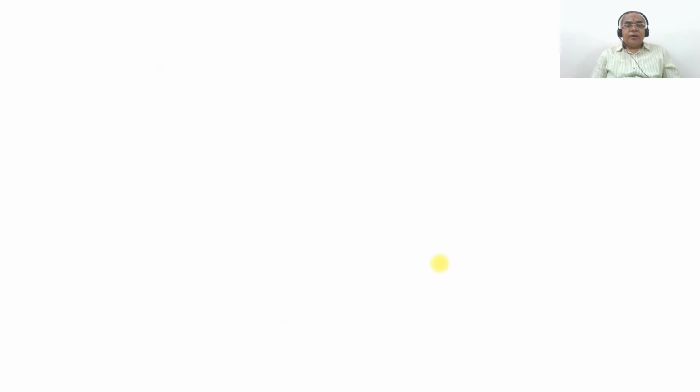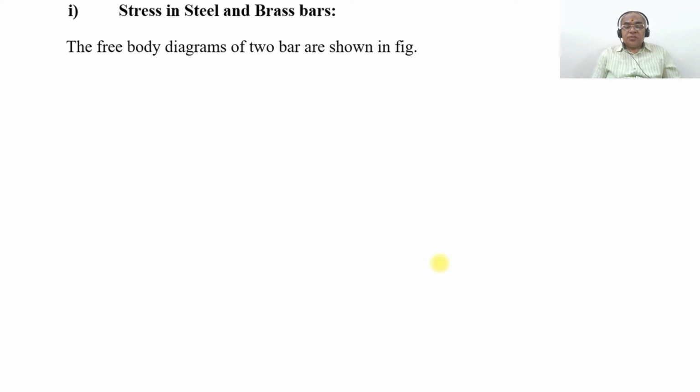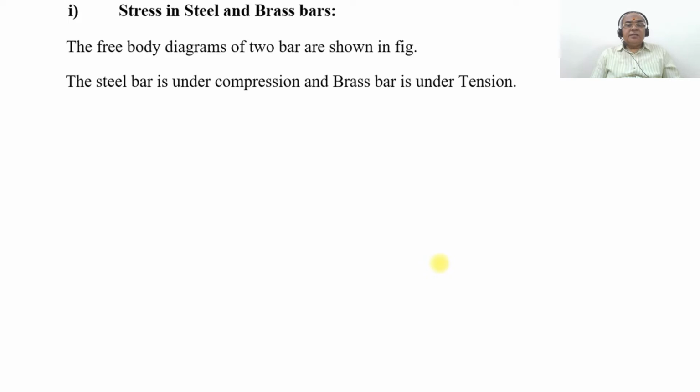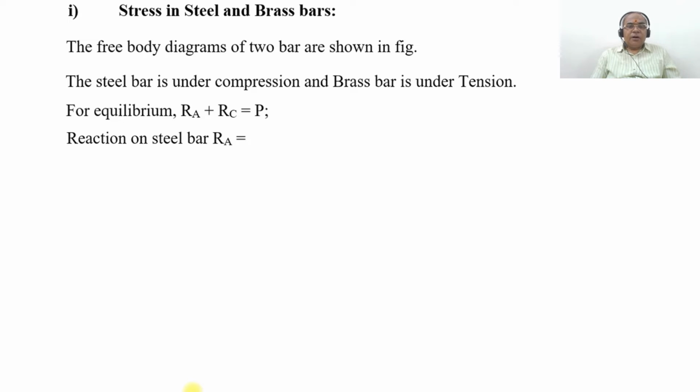So once you have the free body diagram, we need to find out what the stresses are in both the steel and brass bars. Here the steel bar is under compression and the brass bar will naturally be under tension. For the equilibrium condition, RA plus RC will be equal to P. The reaction on the steel bar, RA, is equal to the force or load on the steel bar, so instead of assuming it as RA, we are going to take it as PS.